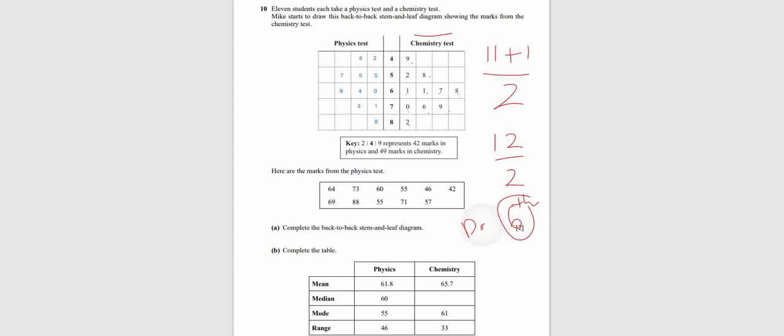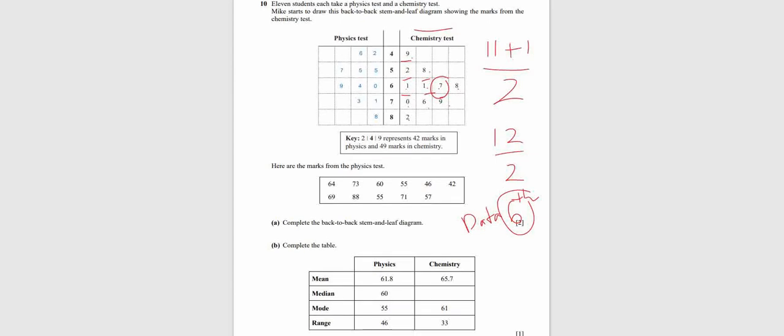We have to find data number 6. So this will be 1, 2, 3, 4, 5, 6. It means it falls on 67. So we got our answer. This is 67 here, because data number 6 is 67. So it's clear, that's the step to find the median.